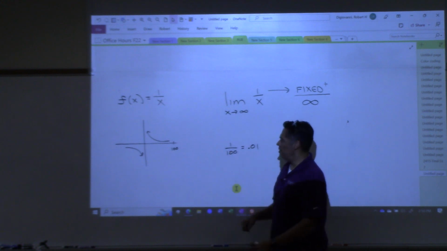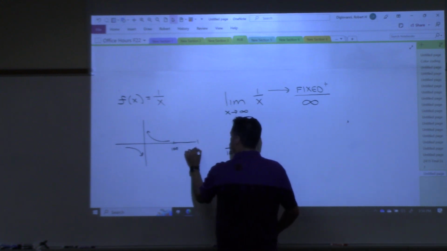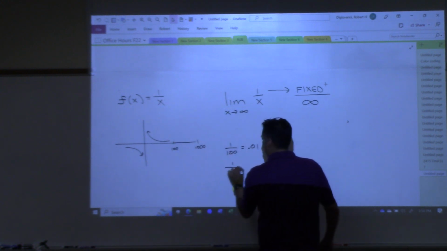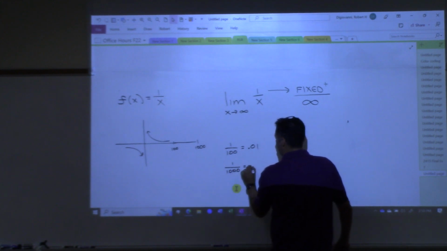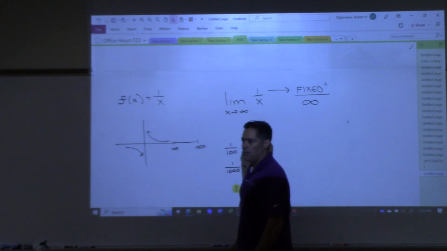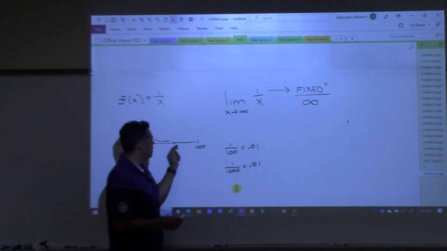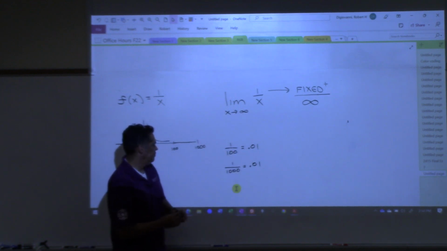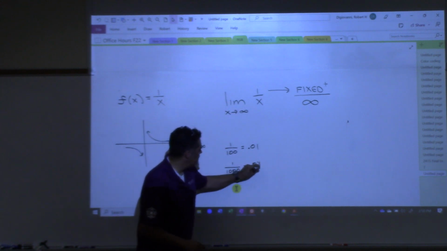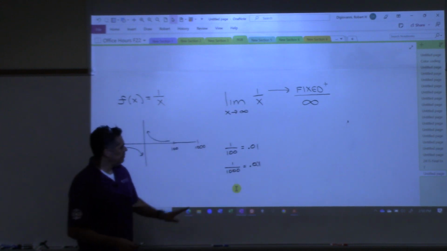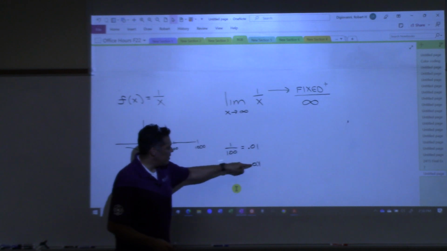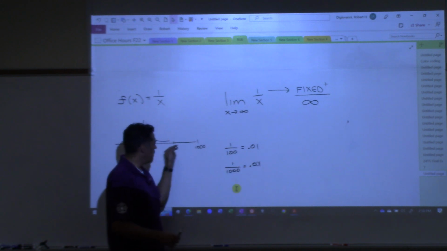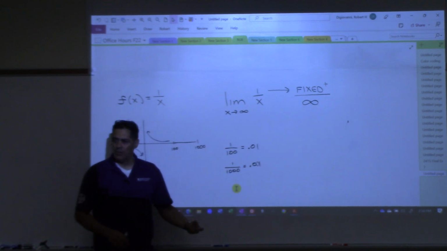So instead of 100, let's go to 1,000. 1 over 1,000 would be 0.001. And what's happening to those numbers the further out we go? They're heading toward 0. So the further out we go, the smaller it gets.